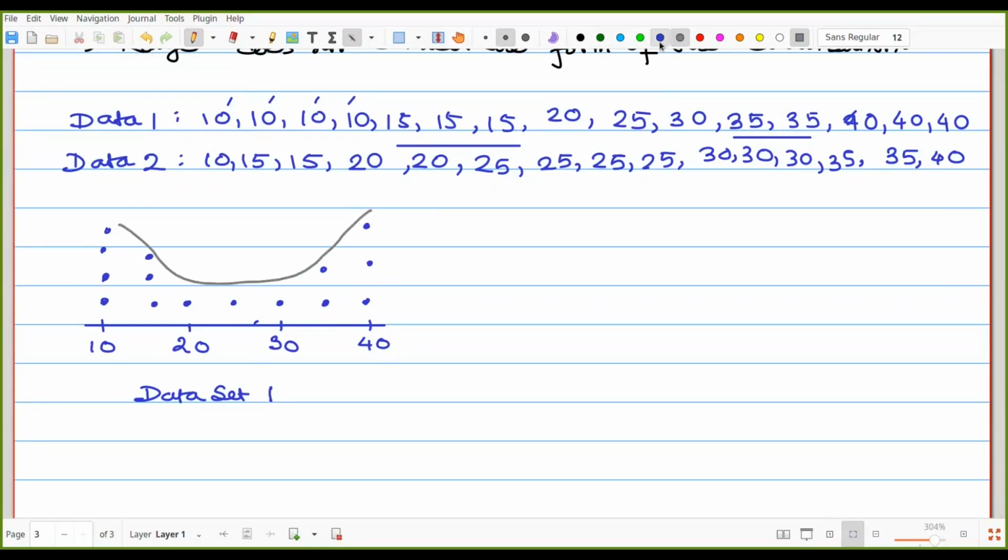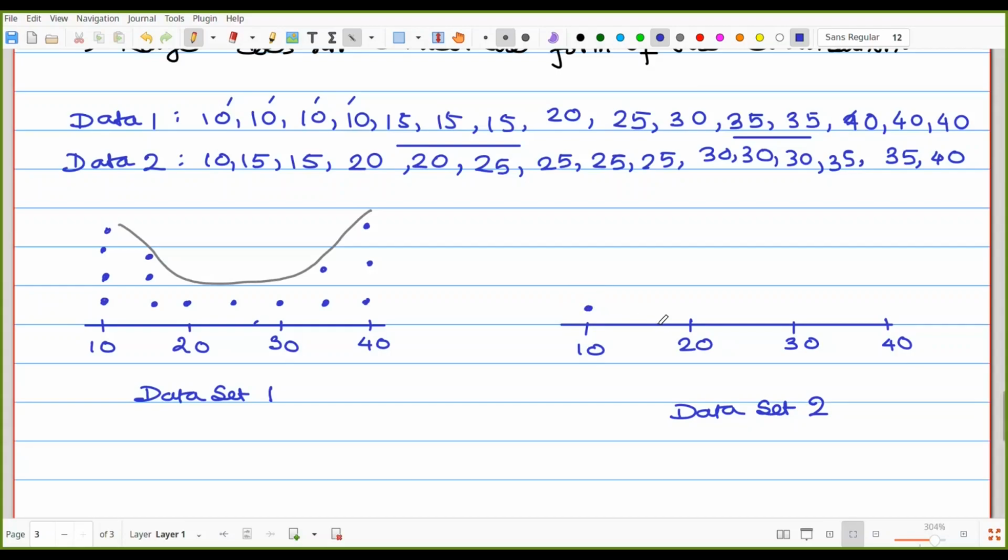Now for data set 2, we have 10, 20, 30, then 40. How many 10s are there?